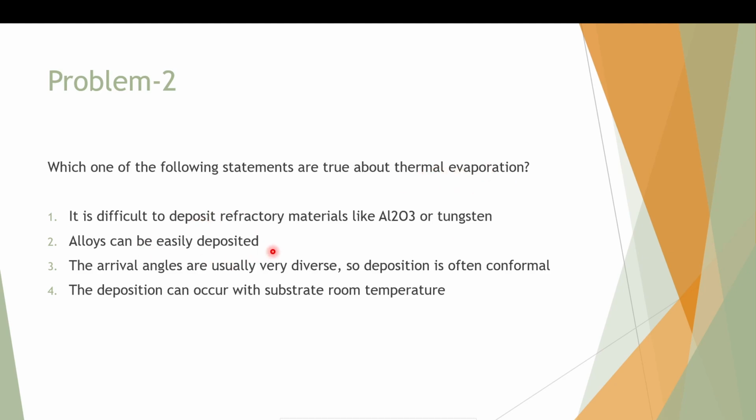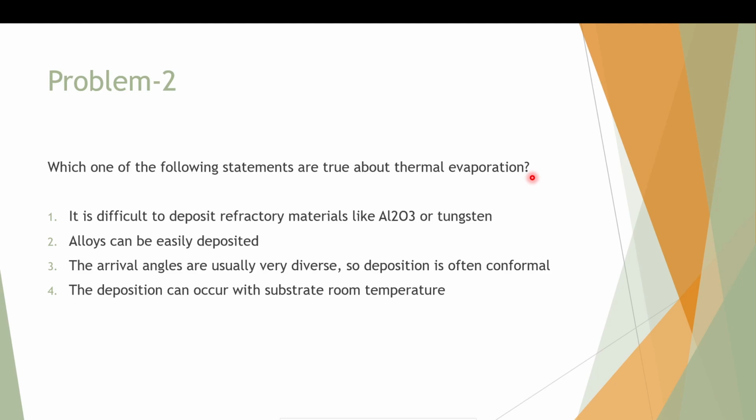Alloys can be easily deposited. Is that true? Can you really deposit alloys using evaporation? It's possible to deposit alloys using physical vapor deposition in general, but for the exact process of evaporation, it might not be possible. It is not possible to deposit the exact composition of the alloy.